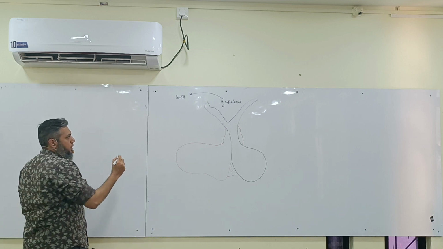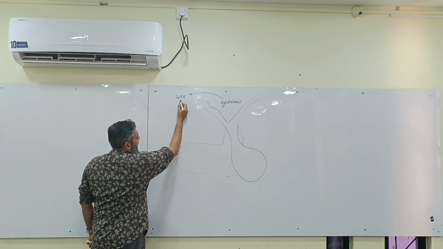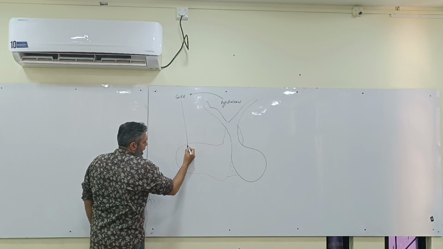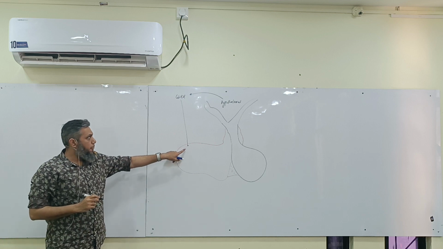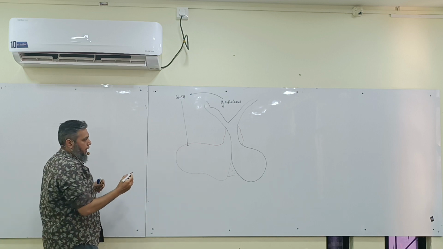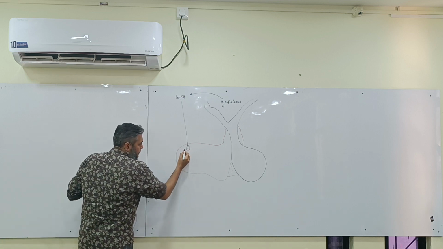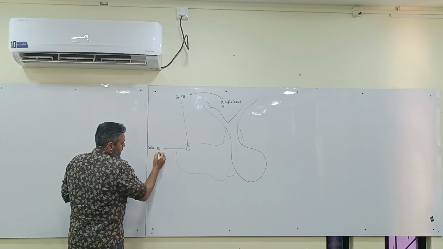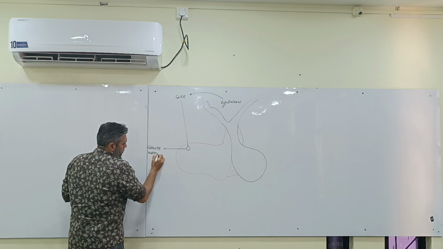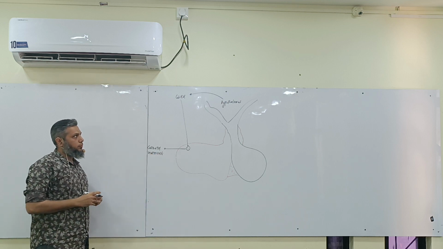This growth hormone releasing hormone will act on the anterior pituitary, the pars distalis, and then these cells will secrete growth hormone.